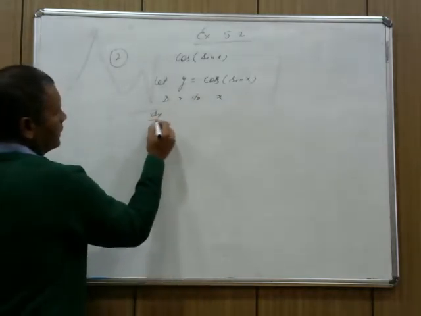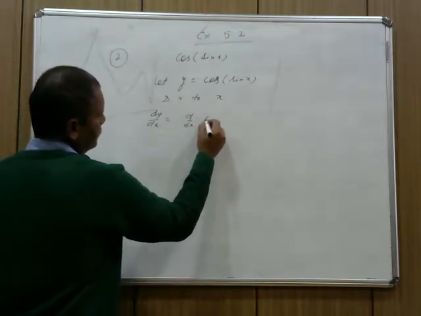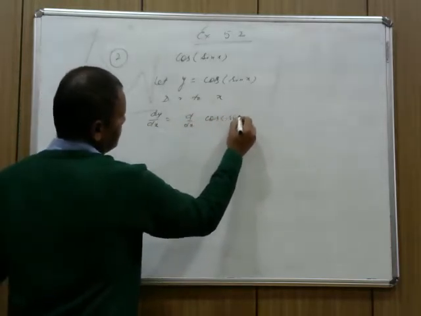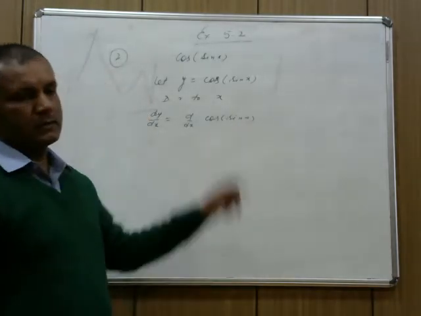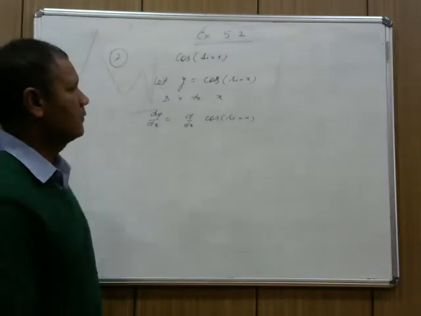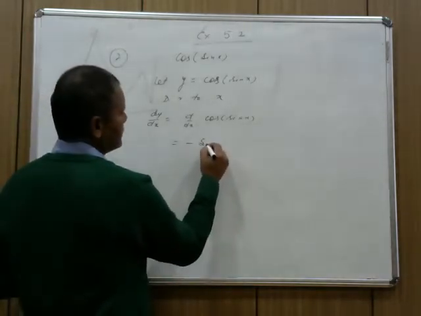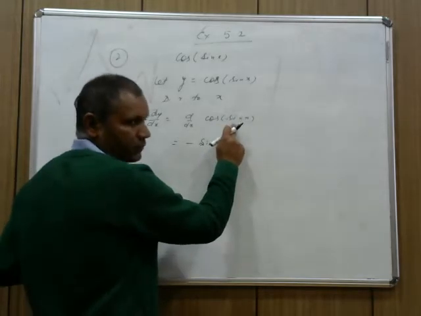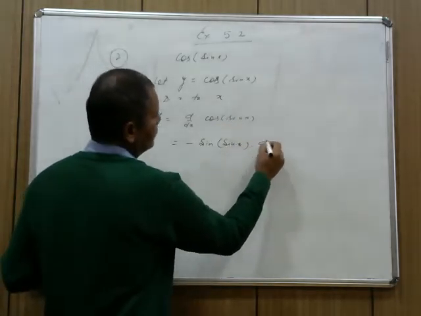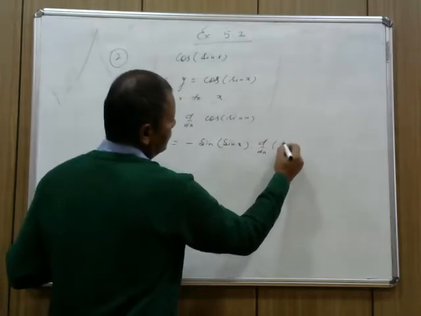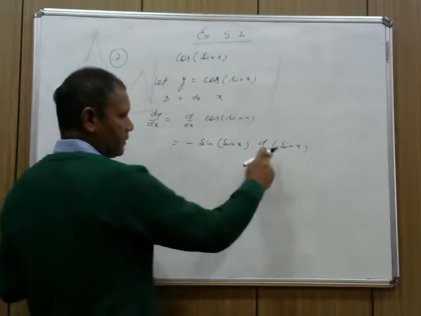You get dy by dx is equal to dy by dx of cos sine x, and we know that differentiation of cos x is minus sine x, then I have minus sine, in place of x we have sine x, so minus sine x into differentiation of sine x, this part is left, and differentiation of sine x is what?